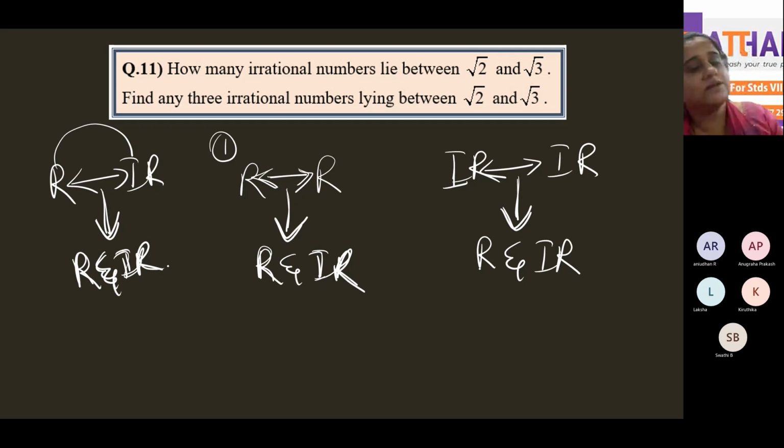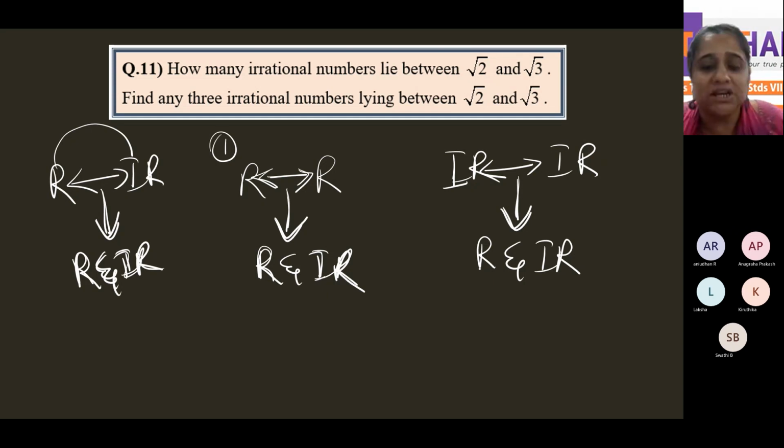So for everything, infinitely many rationals and irrationals, whether it is between two rational numbers, two irrational numbers, or a rational and an irrational number. For all three cases, there are infinitely many rationals and irrationals. Whenever it is rational, irrational, infinitely many only.